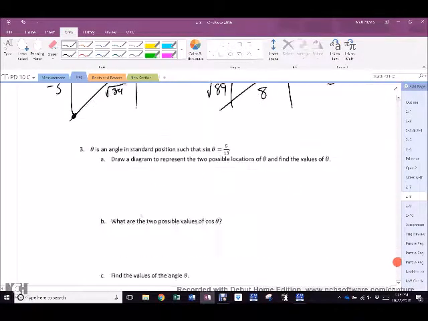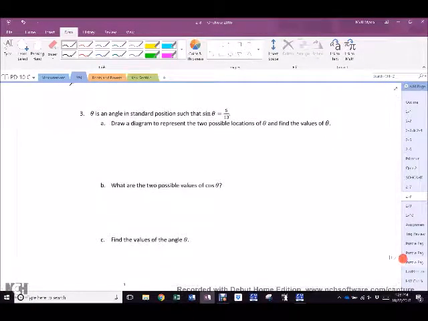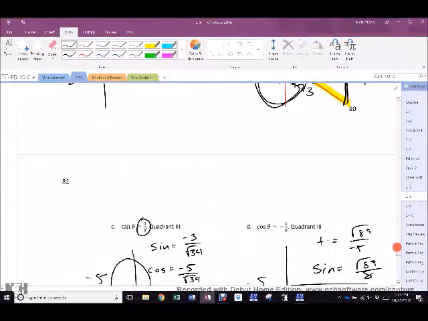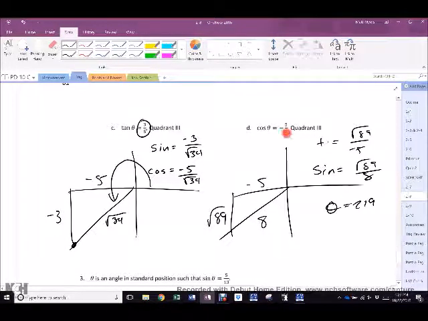And lastly, or not quite lastly. Okay. Draw a diagram to represent two locations of theta. Where are the two places theta? Oh, did I use 8?